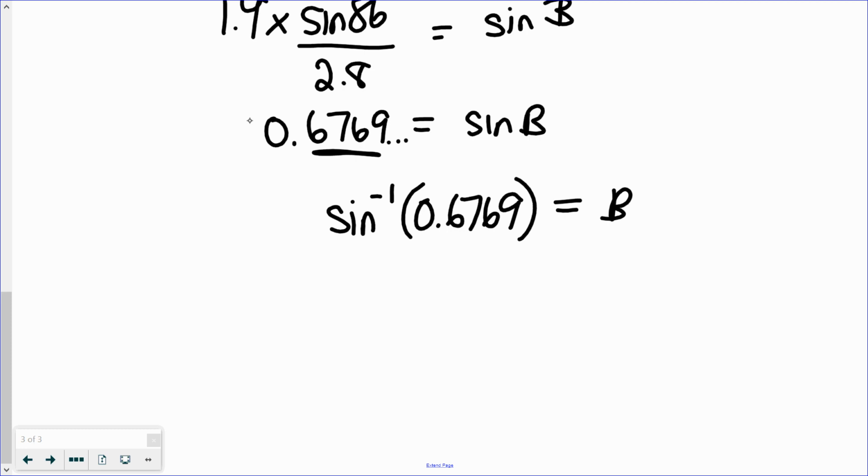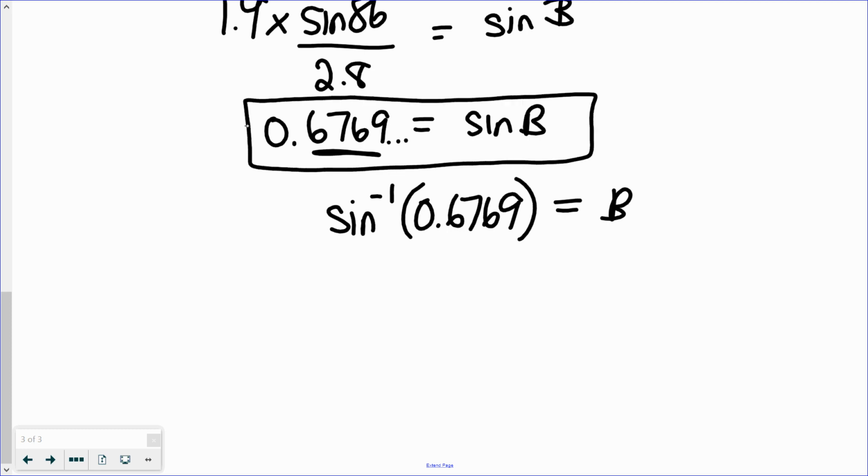So hopefully you didn't get to this point and say, yeah, that measure of angle B is 0.7 degrees. That's way more than 0.7 degrees, but I can't draw them close enough together. So we know it's not 0.7 degrees.